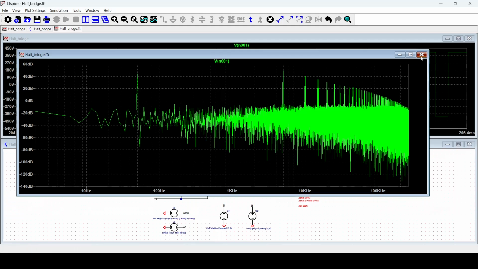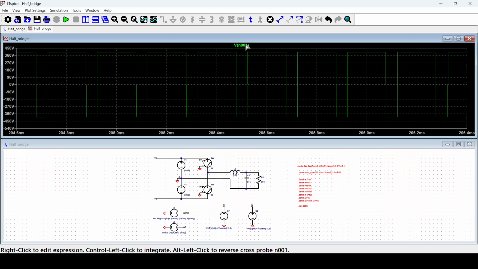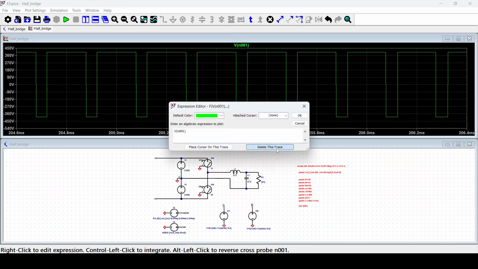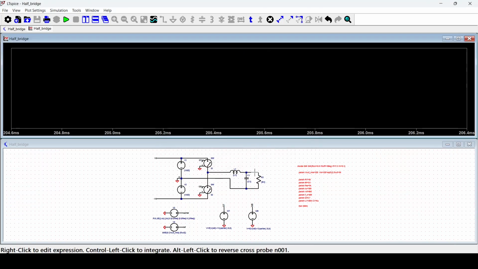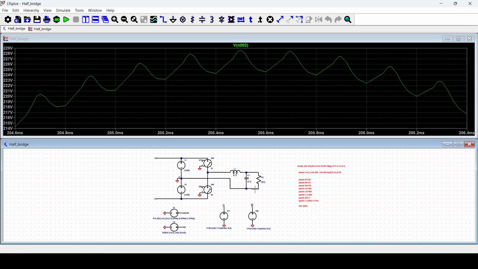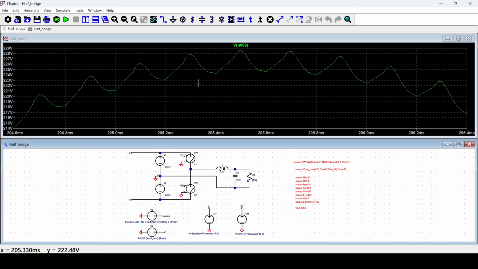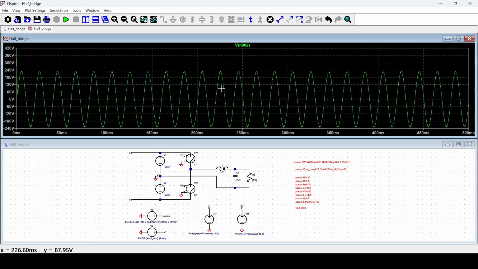Now we can delete the trace of the unfiltered output, and we can see the output waveform. Let's fit to space, and we can see that it is an almost perfect sinusoid, almost perfect sine wave.